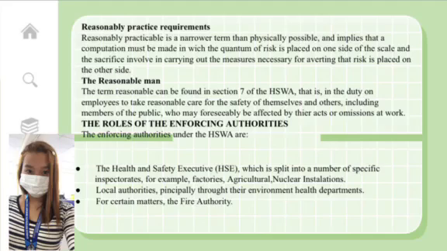It implies that a computation must be made in which the quantum of risk is placed on one side of the scale and the sacrifice involved in carrying out the measures necessary for averting the risk is placed on the other side.